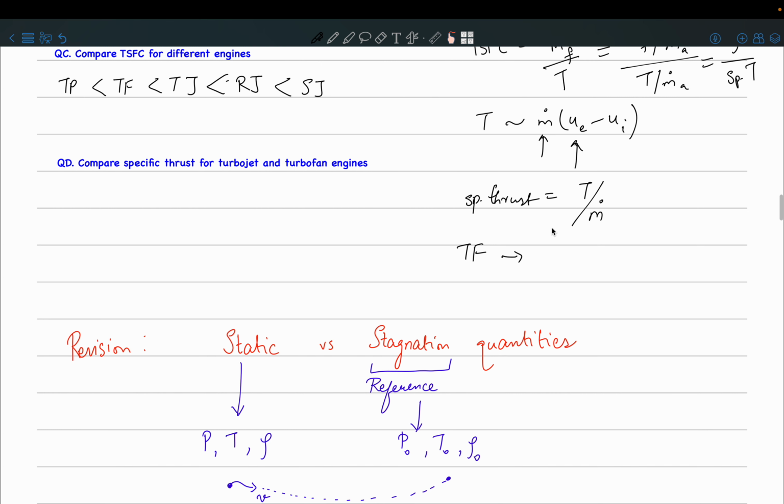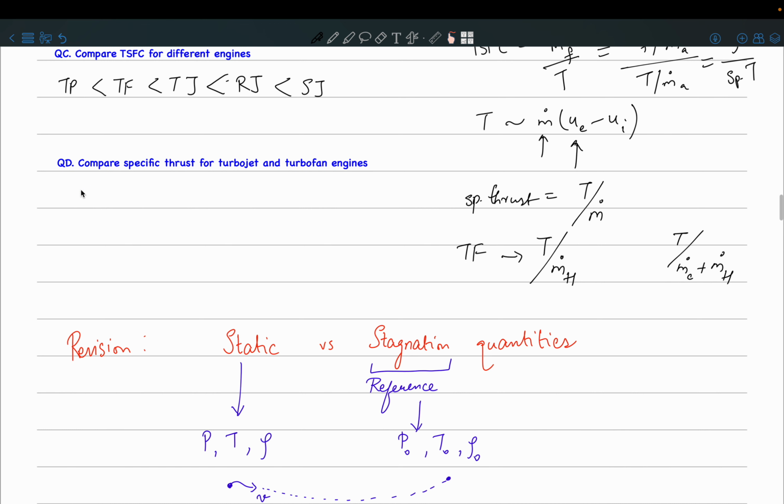For a turbofan, specific thrust will be thrust divided by m dot h, because in the engine it is this m dot h which is going through the combustion chamber. If I were to use T divided by m dot C plus m dot h, then the answer would be a little different. So right now let us assume that we are comparing for m dot h.